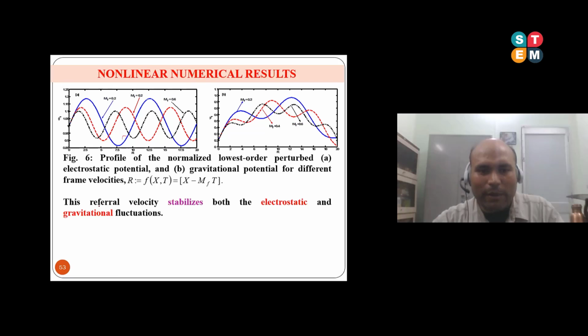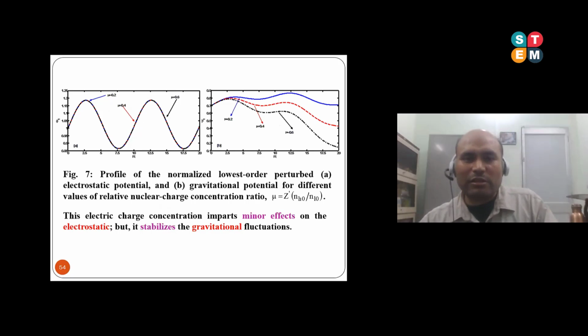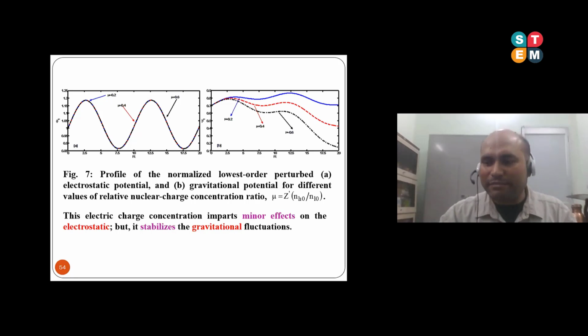The overall conclusion is that the reference frame velocity stabilizes both the electrostatic as well as the gravitational fluctuations in our model setup. Similarly, we have also found the variational features of the perturbations with the mu parameter. With mu, it again acts as a minor effect.